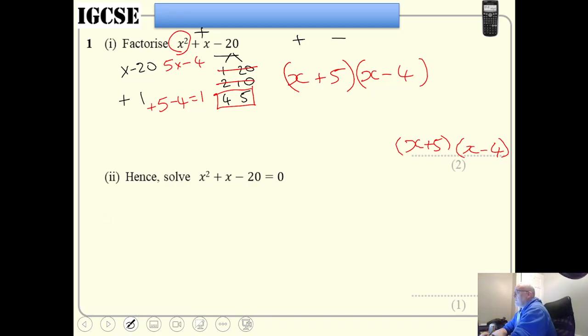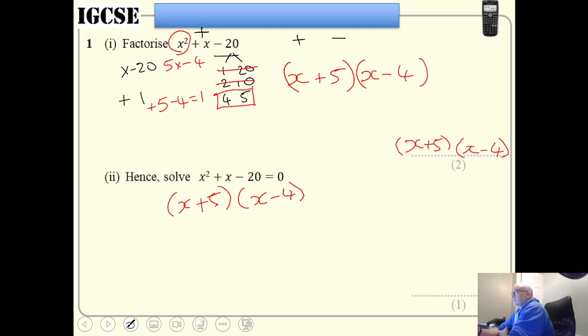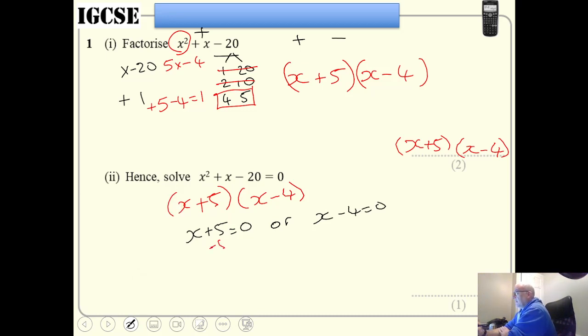Right, going on to solve it. We've done the hard part, we've got the factorisation. So we know it's x plus 5 and we know it's x minus 4. And we can move on to the next step by just solving for x. So x plus 5 equals 0 or x minus 4 equals 0. And I'm just going to solve for x by the balancing method.